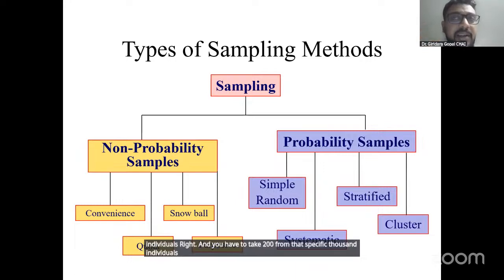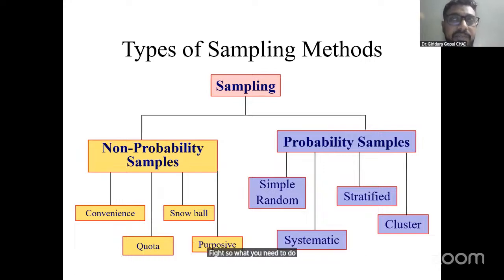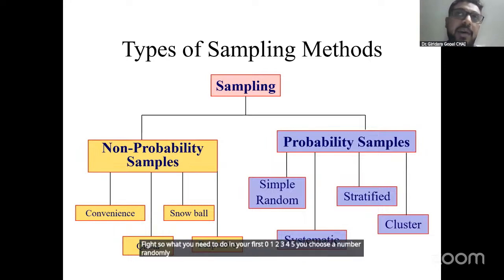What is 1,000 divided by 200? It is 5. So in your first 0, 1, 2, 3, 4, 5, you choose a number randomly, and from there you just keep adding 5: 2, then 7, 12, 17, 22, 27, 32, 37. When you finish, you're going to arrive at 200 samples. That is the rationale behind systematic sampling.